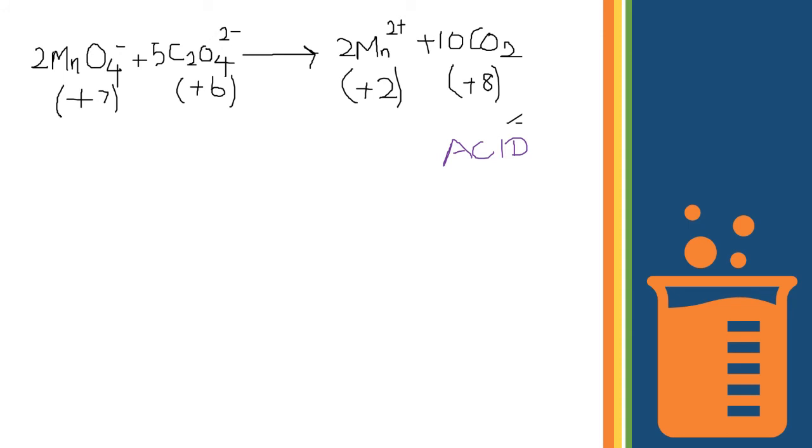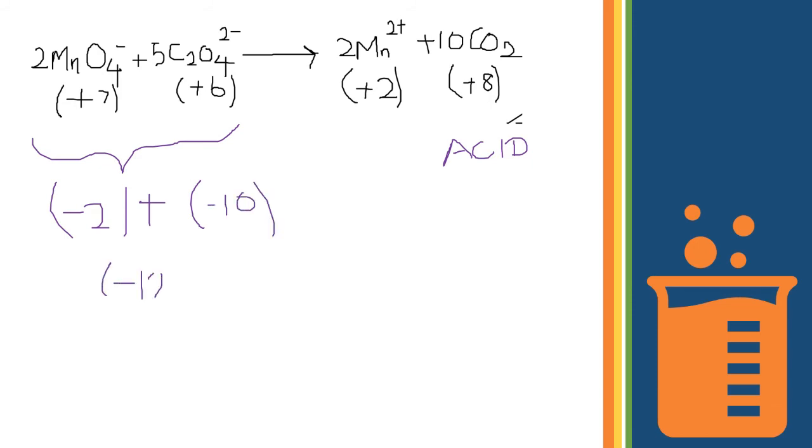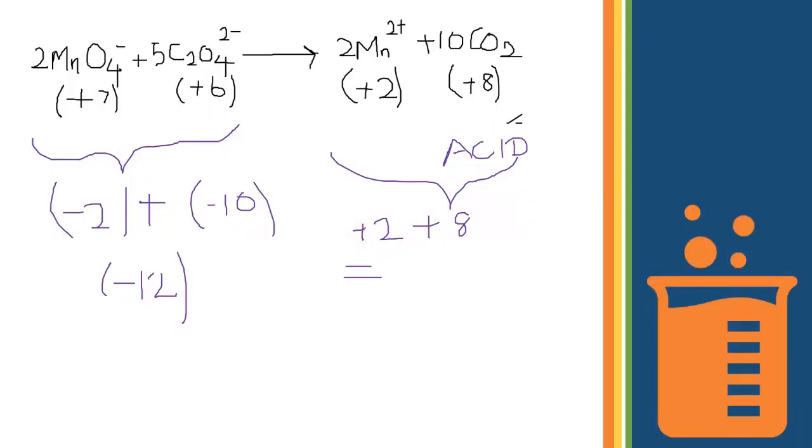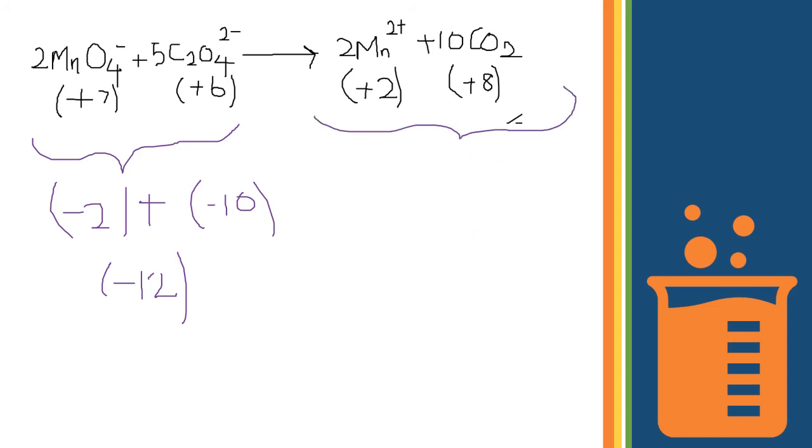So let us consider what is the less positive side here. For that purpose, we have to add the charges. This 0 appears for carbon dioxide. The carbon dioxide has no charge, so the charge would be 0.